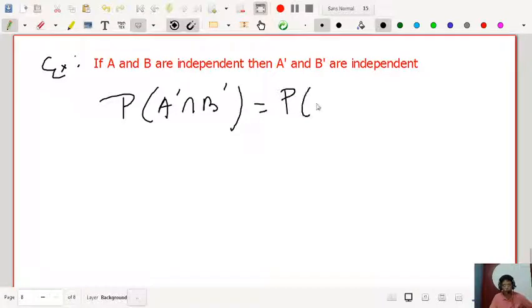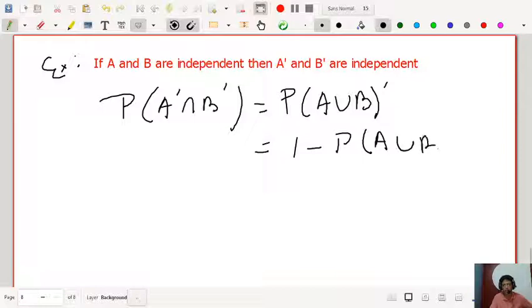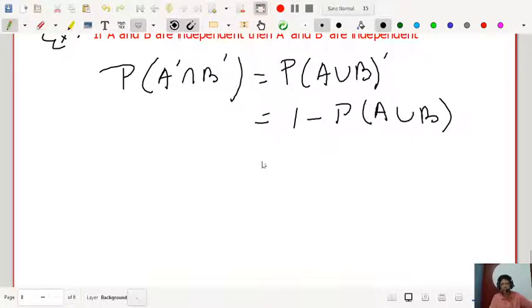So we can write probability of A union B whole complement, and that is nothing but 1 minus probability of A union B, because probability of complementary event is equal to 1 minus probability of that event.